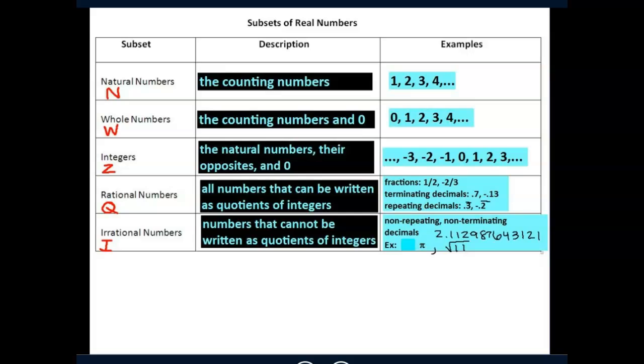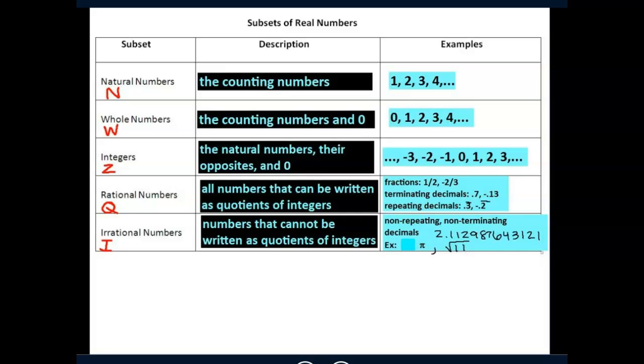But any fraction that can be written as a decimal or decimal that can be written as a fraction is a rational number. And if you think about what a fraction represents, it represents division. You'll notice in the definition of a rational number, it says a quotient of integers. Quotient is the formal mathematical word for division.